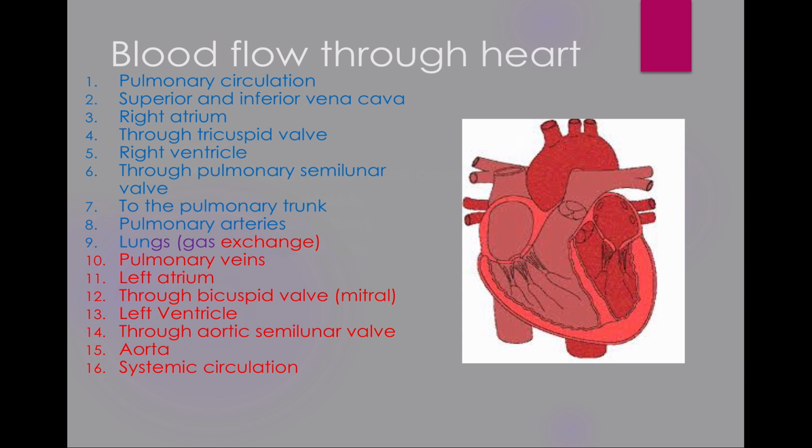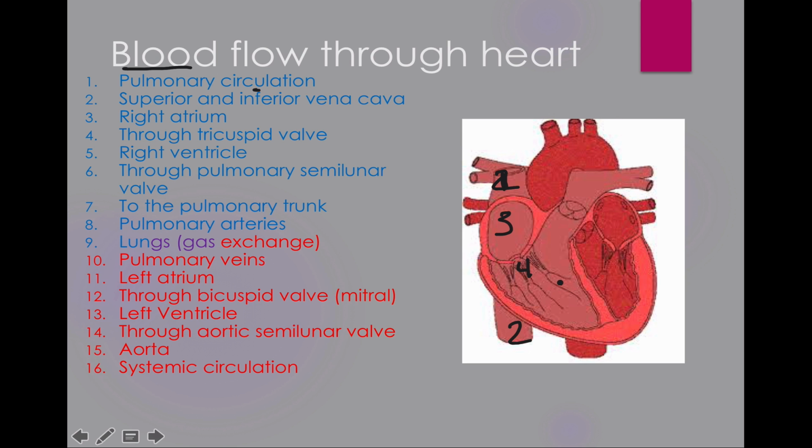And here is probably, I would say, the most important part of this video: the blood flow through the heart. So you start with pulmonary circulation. Then you get into the superior, I guess I should name this number 2, superior and inferior vena cava. Okay, then we go into the right atrium through the tricuspid valve.